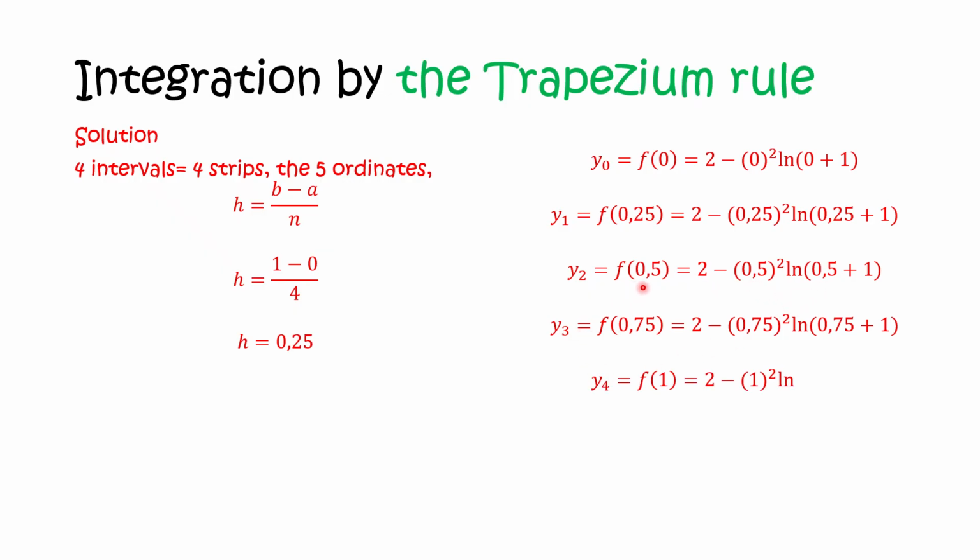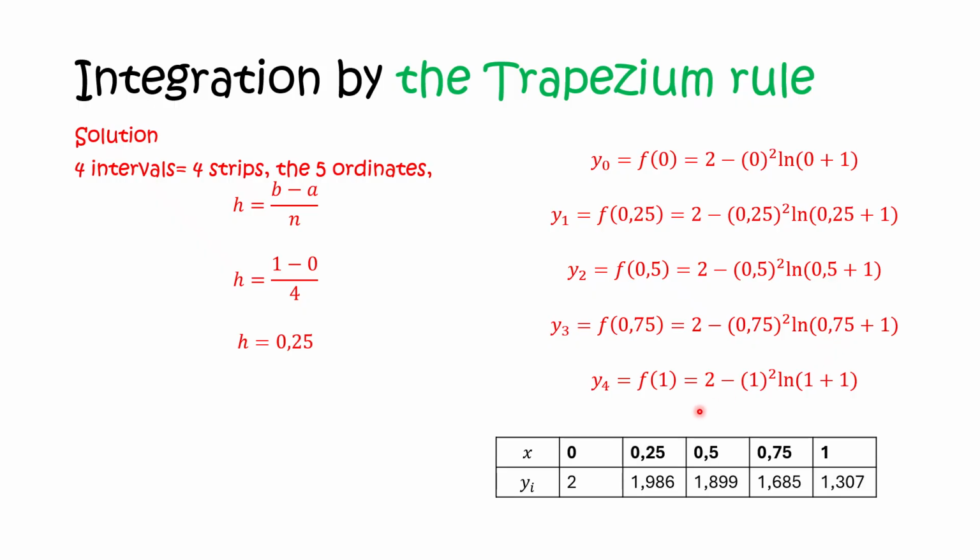y3, adding the 0.25 to the previous x value, we get 0.75. We substitute into the function up until we get to y4, the last ordinate or the last edge. So we have y4, and adding 0.25 to the previous x value of 0.75, we get 1. So f of 1 would be that here.